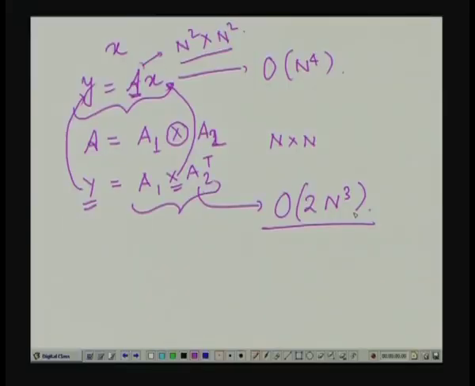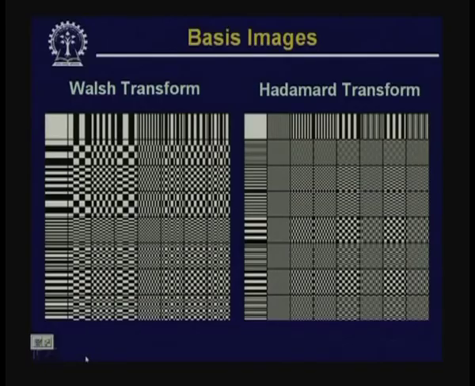And effectively, that is what is done in case of fast transformations. So, today we have discussed the separable transformation, and we have seen how this separable transformation can be used to reduce the computational complexity.